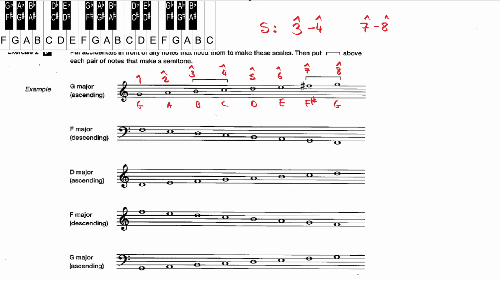Now, in the F major descending scale, of course it's going the other way, so this is 8, 7, 6, 5, 4, 3, 2, 1. And we know that the semitones need to be between 3 and 4 and 7 and 8.